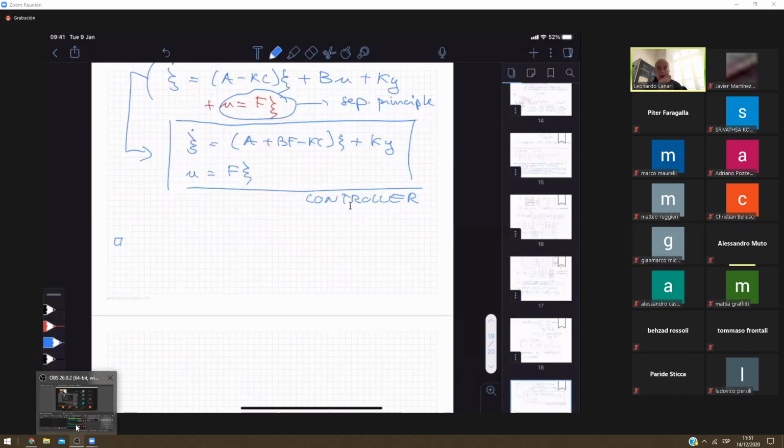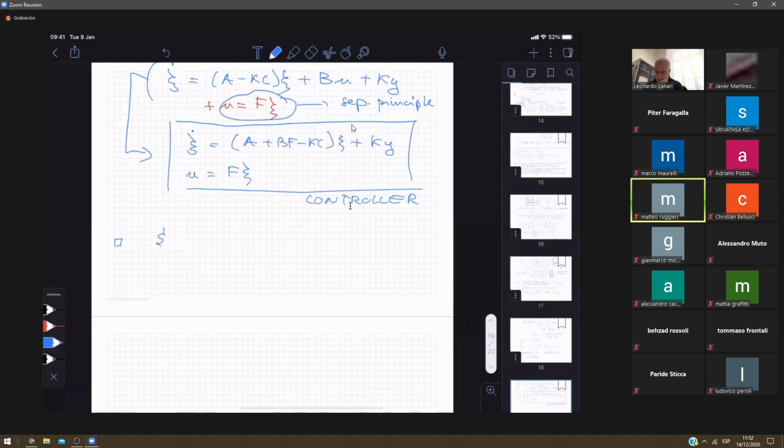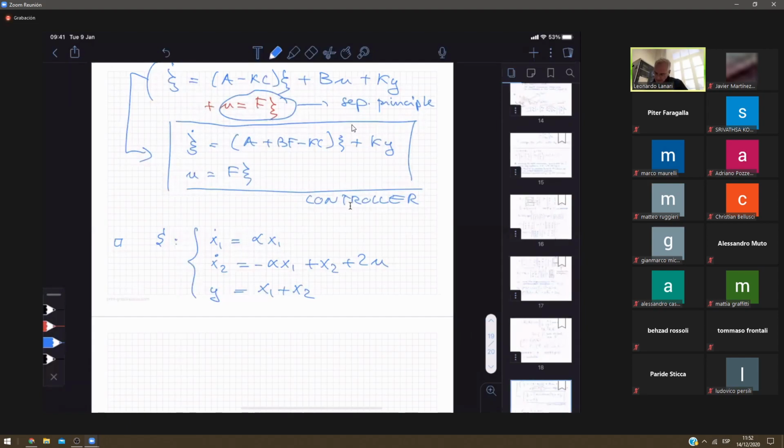Okay, so another easy exam exercise is given a system S: x1 dot equal alpha x1, x2 dot equal minus alpha x1 plus x2 plus 2u, and y equal x1 plus x2. There were 3 questions.